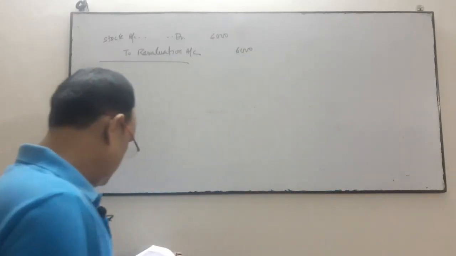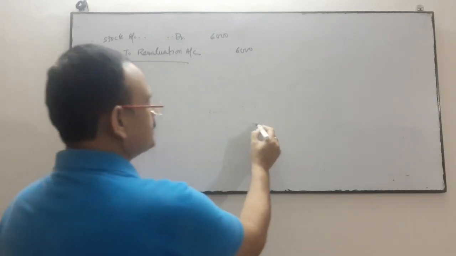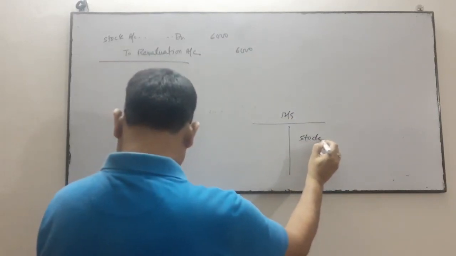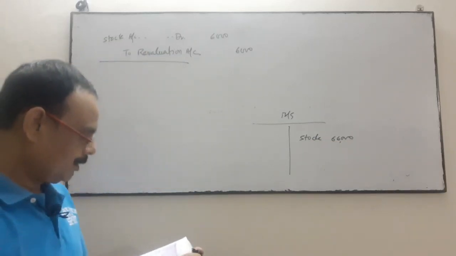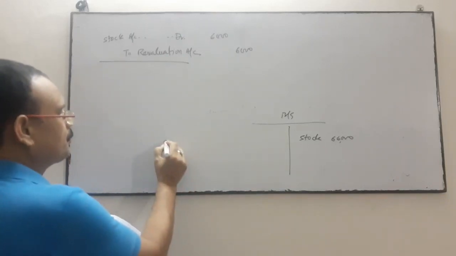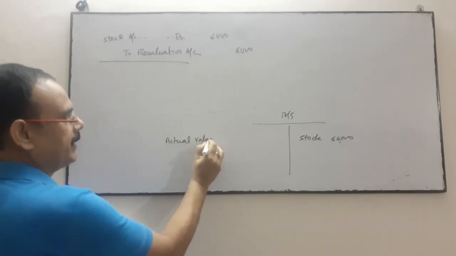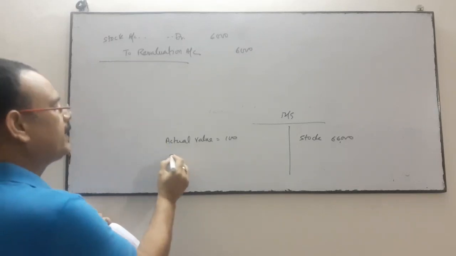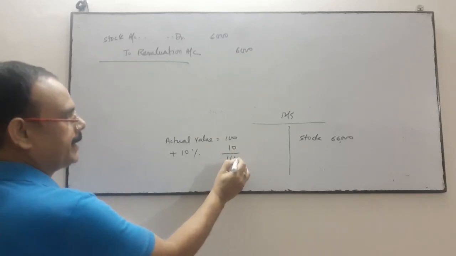Second one is stock is overvalued by 10%. In the balance sheet, stock is given as 66,000, and it was found that the stock is overvalued by 10%. Suppose the actual book value is 100. So the stock is overvalued by 10%, so plus 10%, 110.